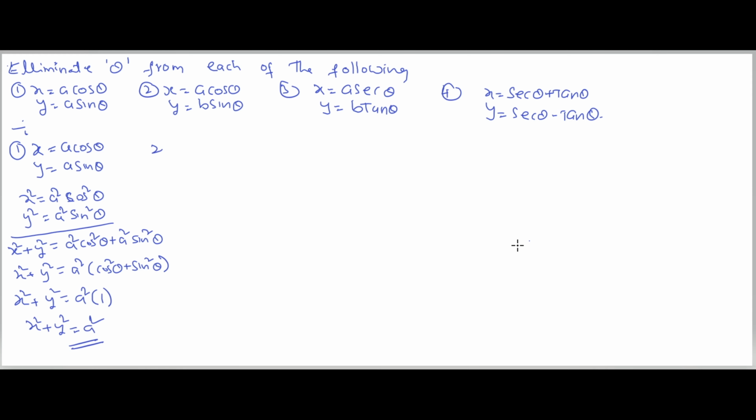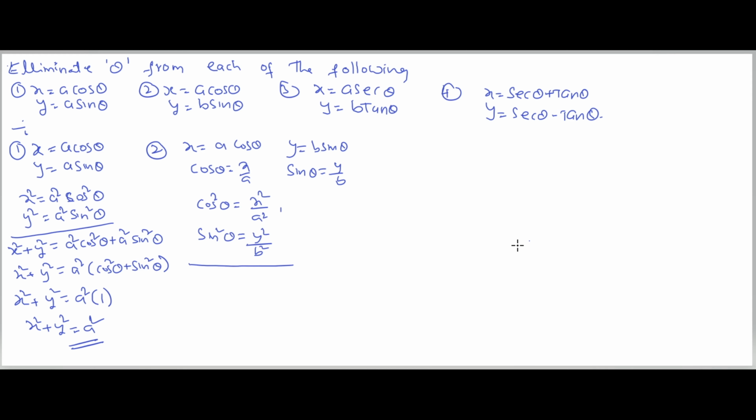Second one, x is equal to a cos theta. From this equation cos theta is equal to x by a, and y is equal to b sin theta. From this equation sin theta is equal to y by b. Squaring these two equations, cos square theta is equal to x square by a square and sin square theta is equal to y square by b square.